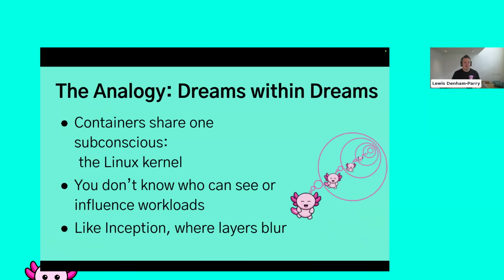If you have seen Inception, you know the unsettling feeling of not knowing whether you're in a dream or inside someone else's dream, who can see you and who can influence you. That's exactly the challenge in container security today. Without hardened runtimes, the lines blur. You don't know if your workload is truly isolated. You don't know who can watch its memory or slip an exploit onto its foundation.